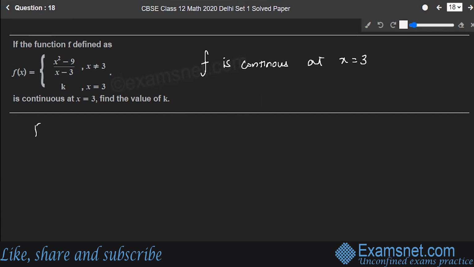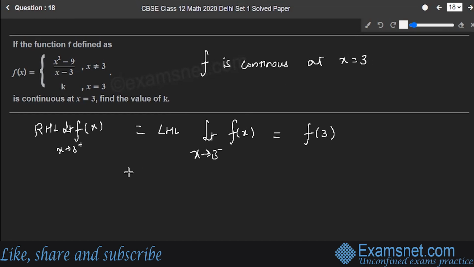Therefore, if it is continuous, then the right hand limit of f(x) as x approaches 3 plus is equal to the left hand limit as x approaches 3 minus of f(x), which is equal to f of 3.